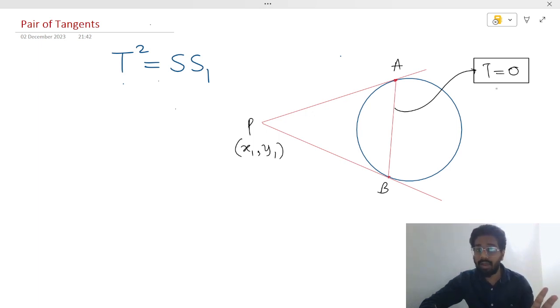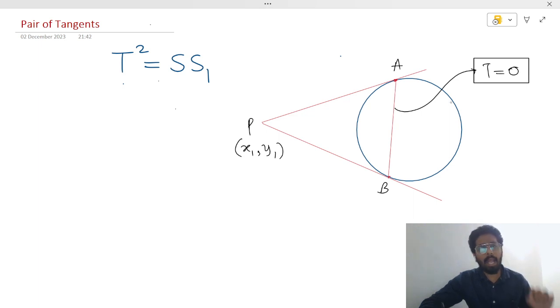If x1 comma y1 lies inside the circle, then T equals 0 gives you the equation of polar. And one more concept: T equals S1 gives you the equation of the chord if x1 comma y1 is the midpoint. Coming back to this point, if x1 comma y1 is the outside point, then T equals 0 is the chord of contact.